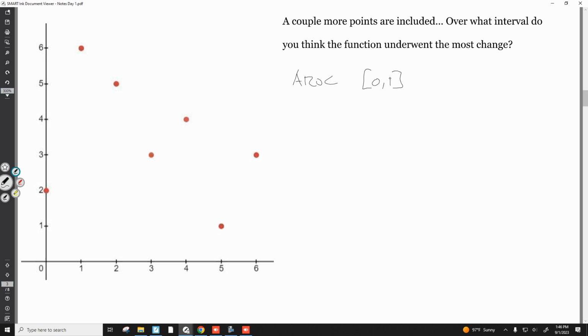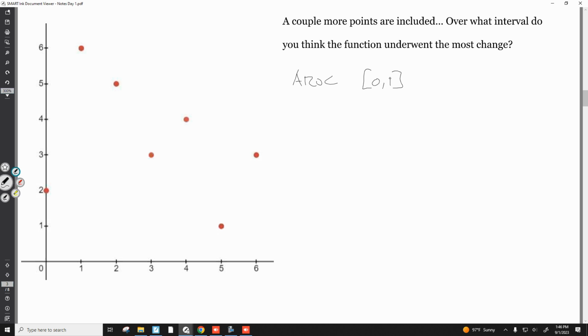See if you can figure it out, and then check with your neighbors. And if you still don't know what you're doing, that's okay.